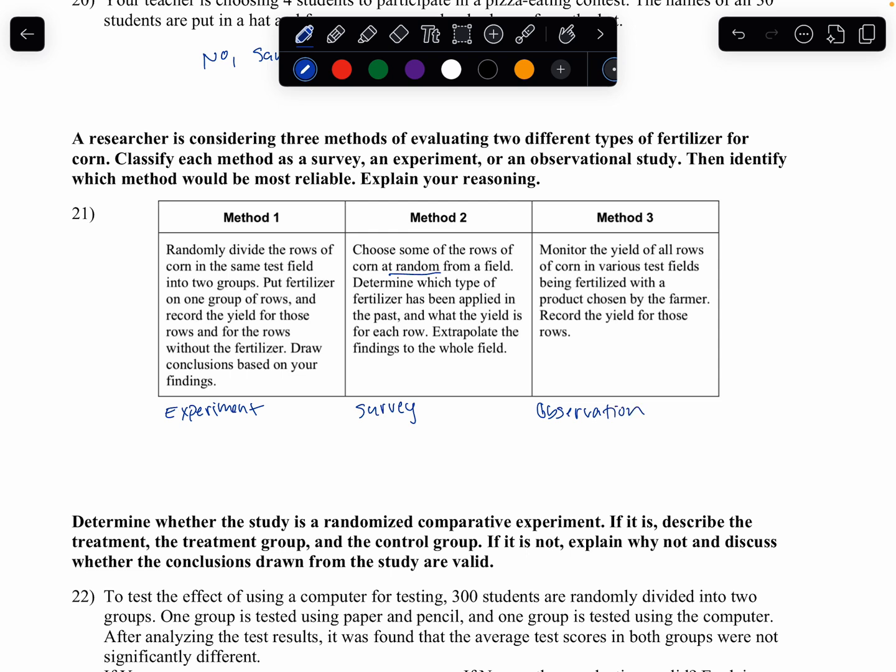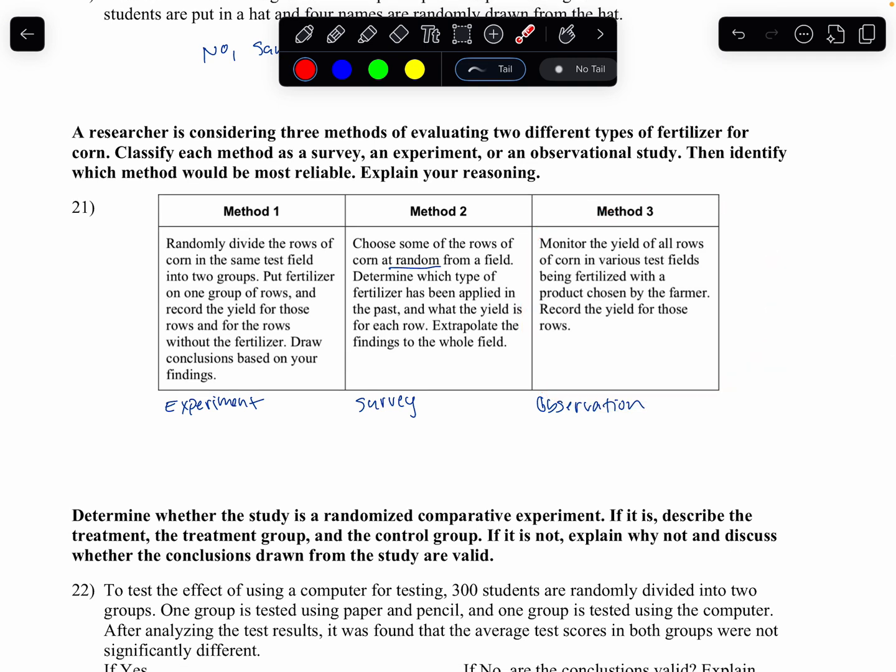So monitor the yield of all rows of corn in various test fields, so all of them, being fertilized with the product chosen by the farmer. Record the yield for those rows. And so in this case, yeah, that's an observation. But notice here, as far as which one we would pick to be most reliable, I would say an experiment. The bad thing about an observation is that you can't necessarily say that there's a cause and effect relationship.